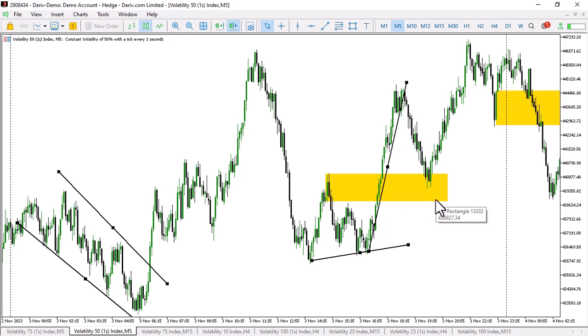So I'm just going to show you entry technique number 2 on this example. Remember, on the first example, we said you just enter as soon as price gets into the breaker, right? So the technique number 2 that you are going to do is you are going to enter as soon as price gives you a confirmation candle in the direction that you need to be going. This can be a pin, this can be an engulfing candle.